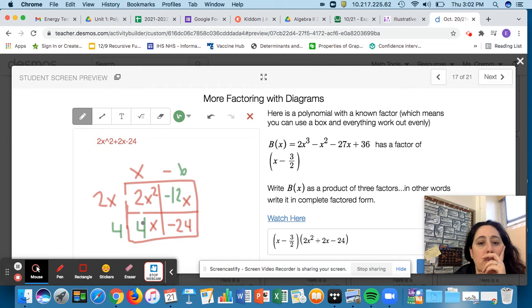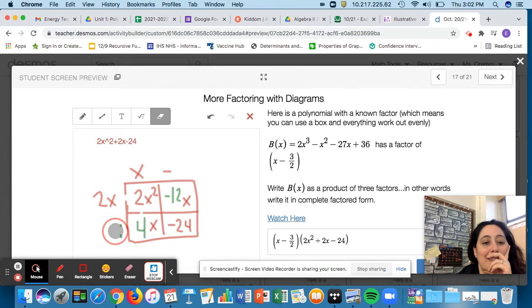Negative 12 plus 4 is negative 8, right? Okay, so let's switch them around. We'll get there. 6 and 4. All right.